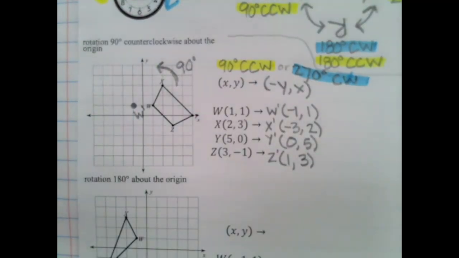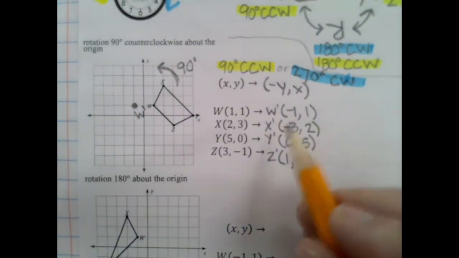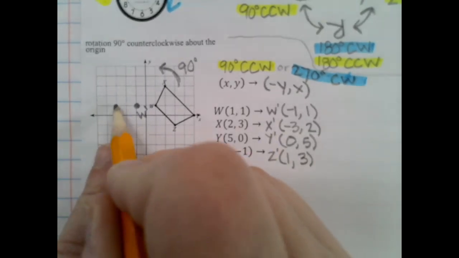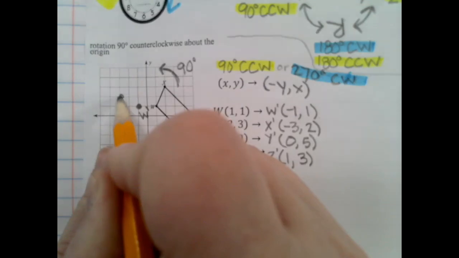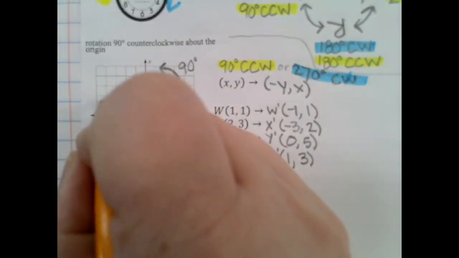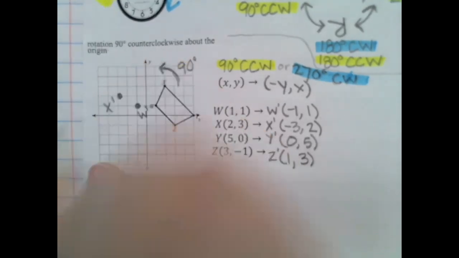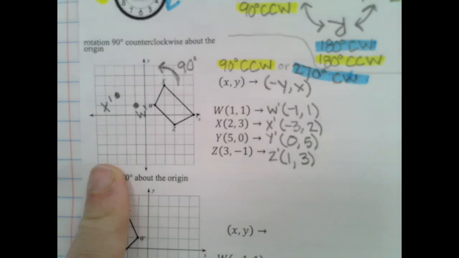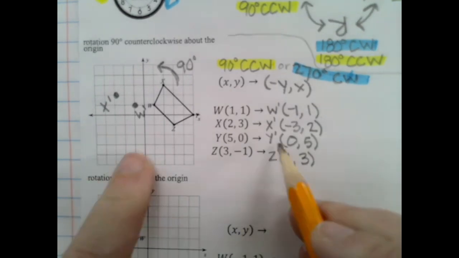Here's W prime. (-3, 2), so left 3, up 2. Okay, and there's X prime. Okay, Y prime is (0, 5).